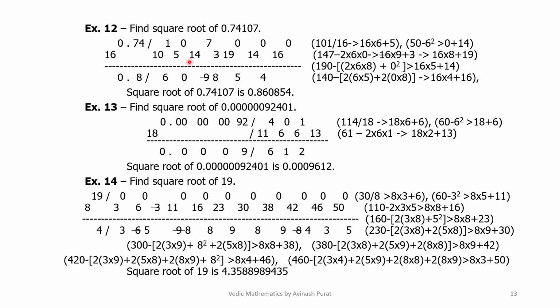50 is the next dividend, minus 6 square, the Dvandva Yoga of 6. So 50 minus 36, that is 14.